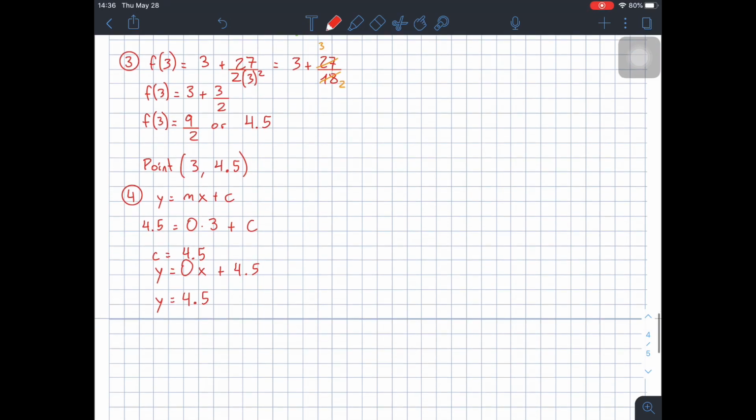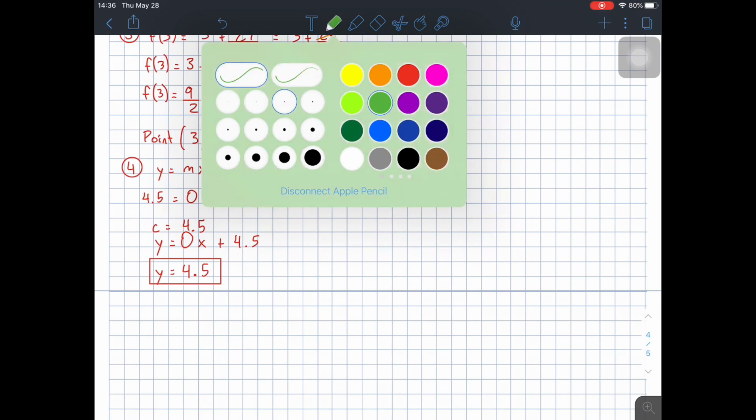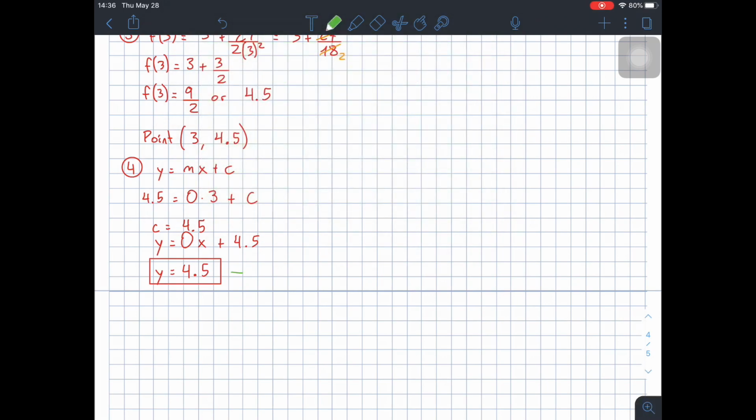And you see that this is the equation of a horizontal line, right? It is independent of the value of x. So this is the equation of the tangent line, and I'm going to write here: horizontal line.